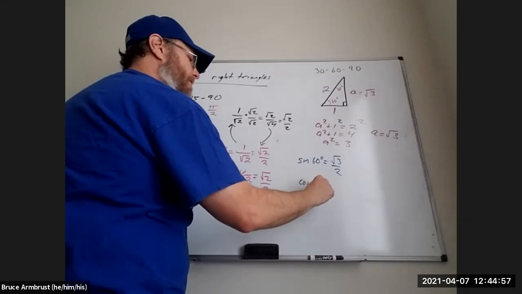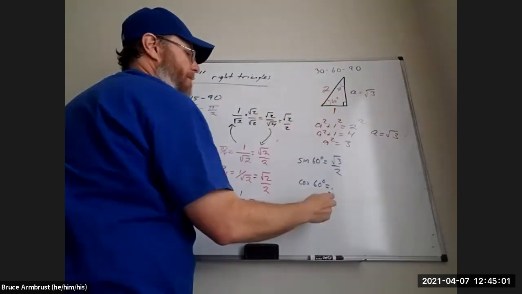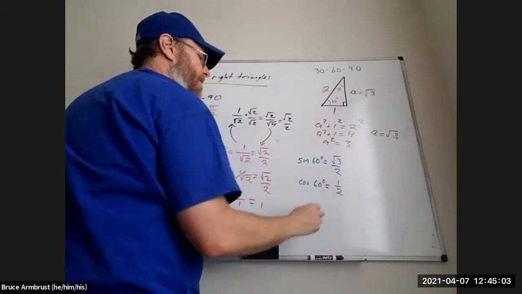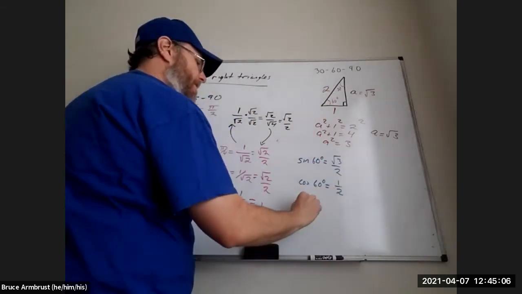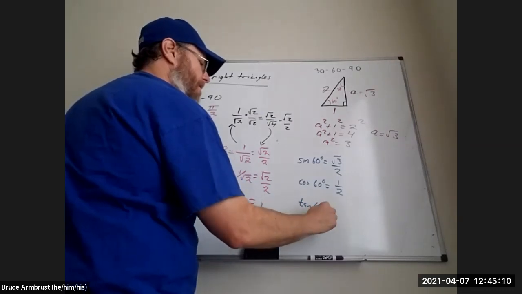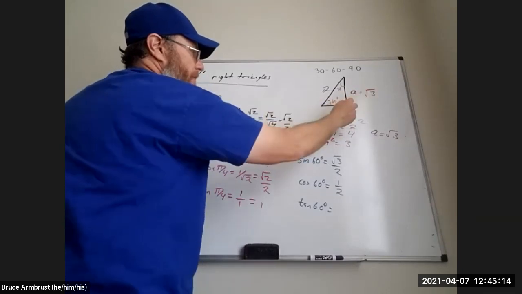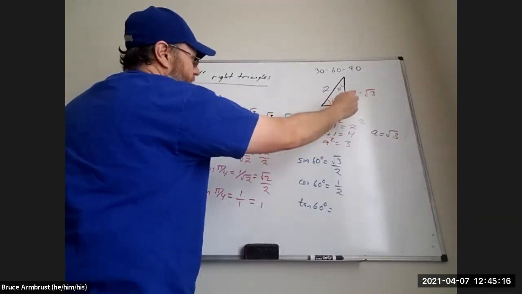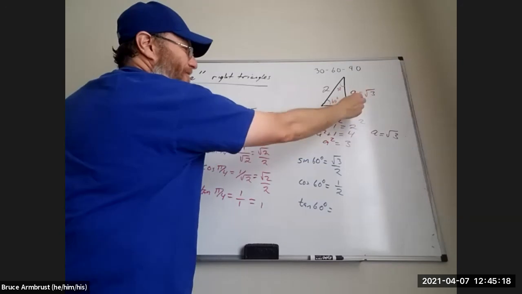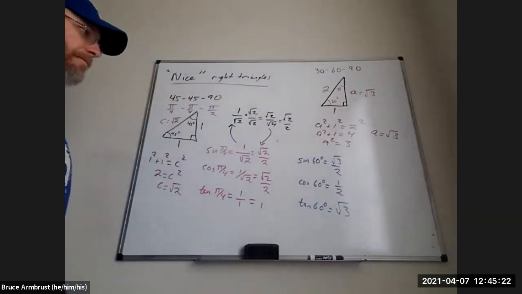The cosine of 60 degrees. It's adjacent over hypotenuse, which is 1/2. And then the tangent of 60 degrees is opposite over adjacent. So √3 divided by 1, which is √3.